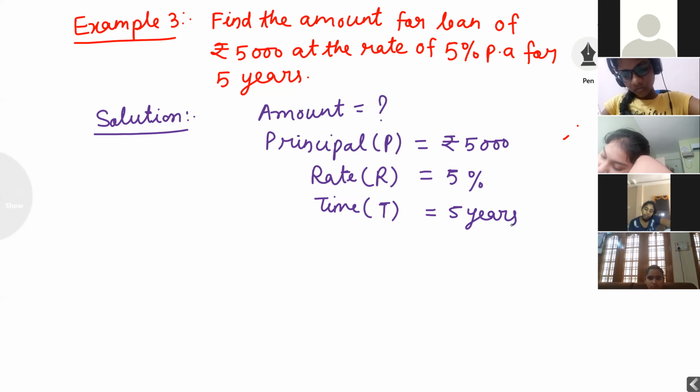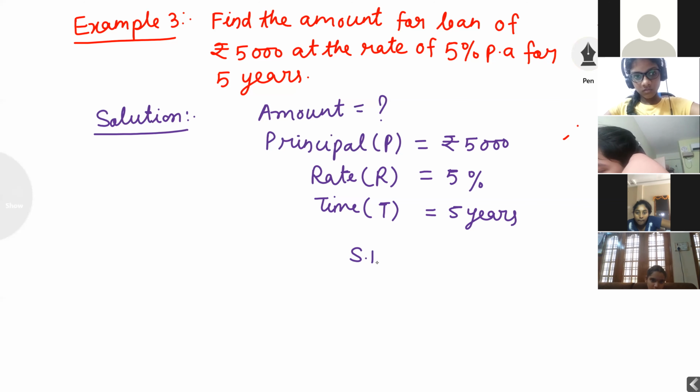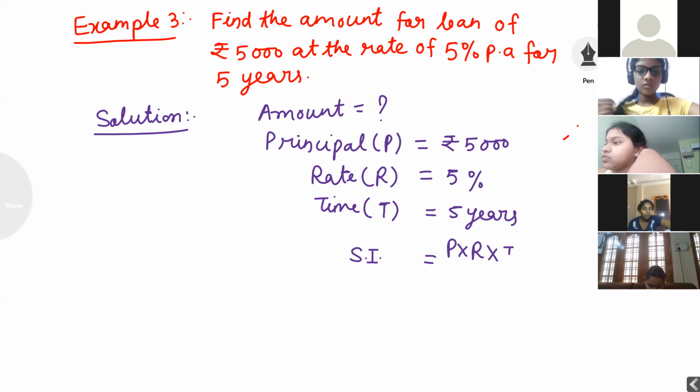Note down. SI is equal to principal into rate into time divided by 100. Simple interest SI is equal to principal into rate into time divided by 100. What is SI here?